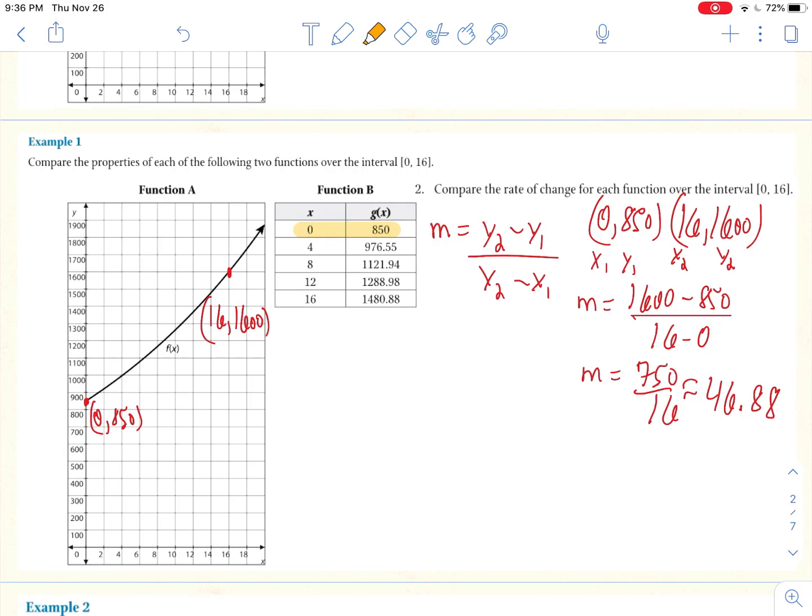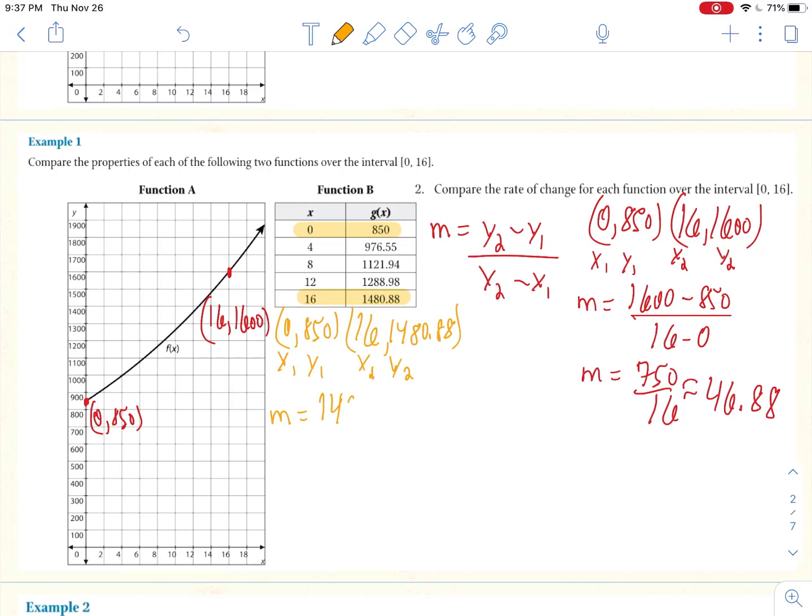Let's go ahead and find our rate of change for function b from 0 to 16. So at 0, we're at 850. At 16, we're at 1,480.88. We're going to rewrite our ordered pairs. Before we substitute these values into our slope formula, we're going to identify x1, y1, x2, y2. We're going to take our y2 minus our y1.